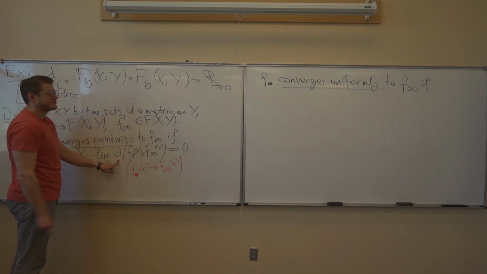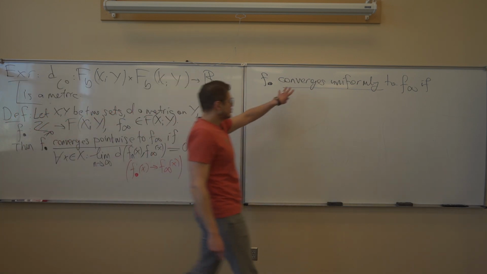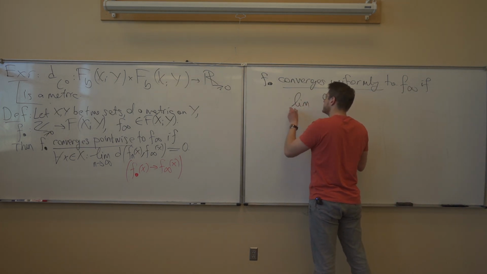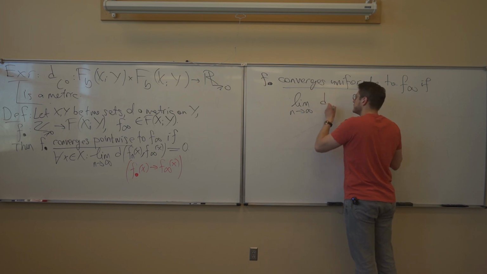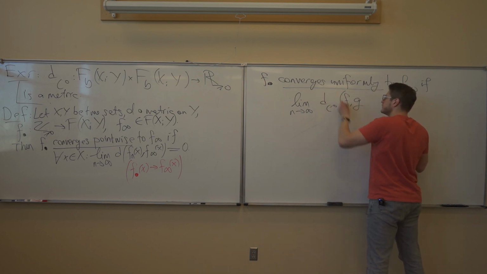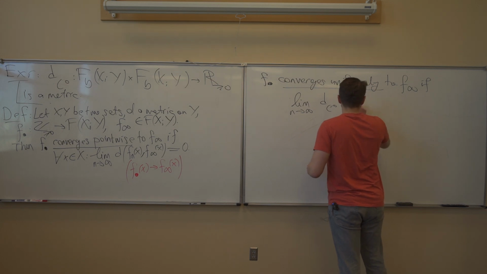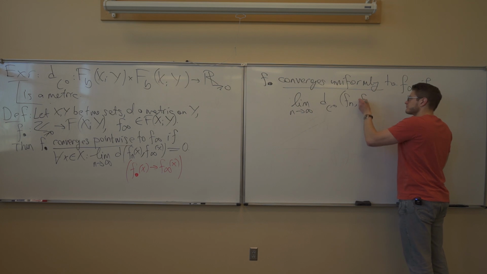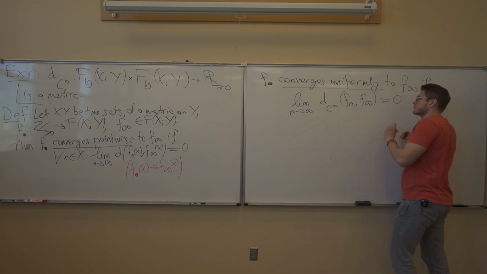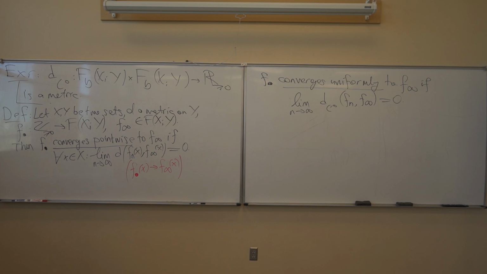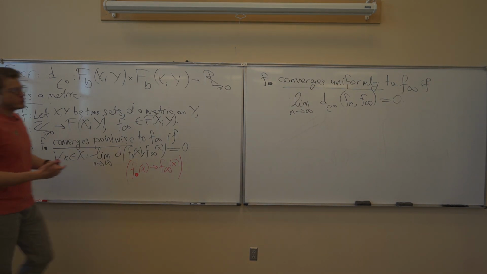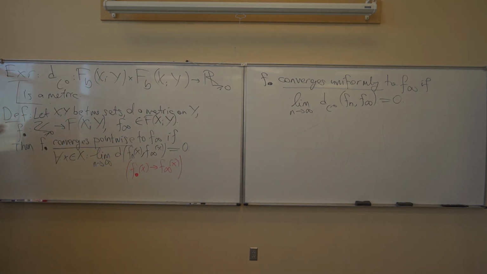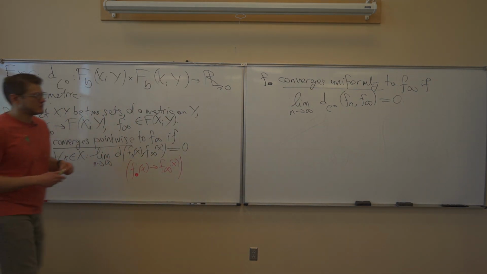The d is the metric on the target. For uniform convergence, you look at this C0 metric. In other words, f bullet is a convergent sequence that converges to f infinity in the metric space of functions.